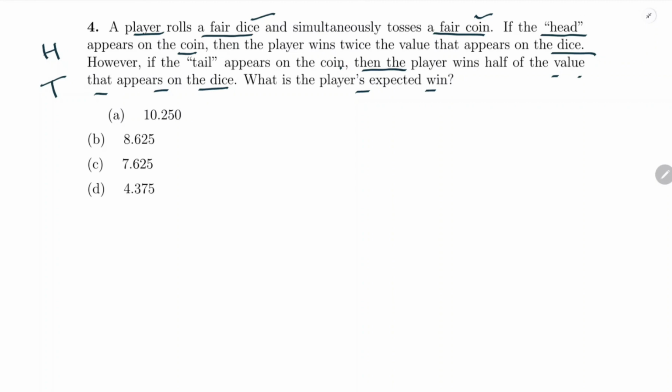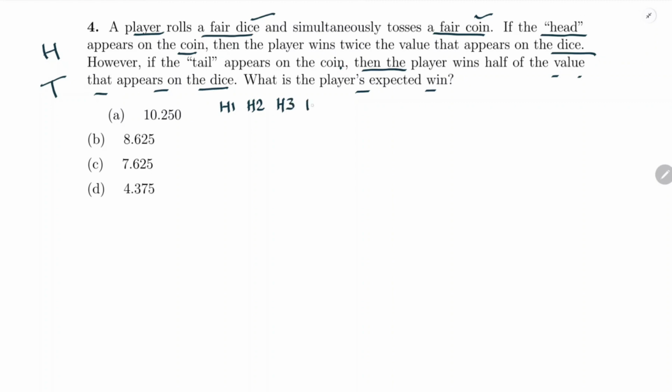So first of all, we need to write the sample space, or all the possible outcomes. Suppose head appears on the coin and 1 appears on the dice, or head and 2, or head and 3.